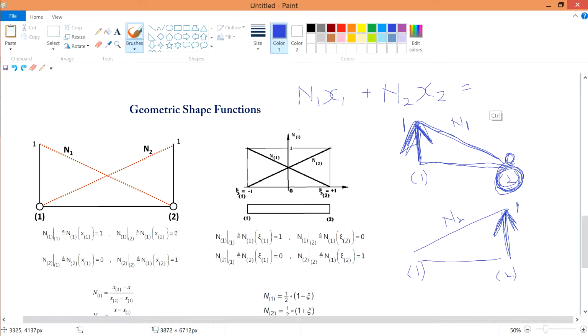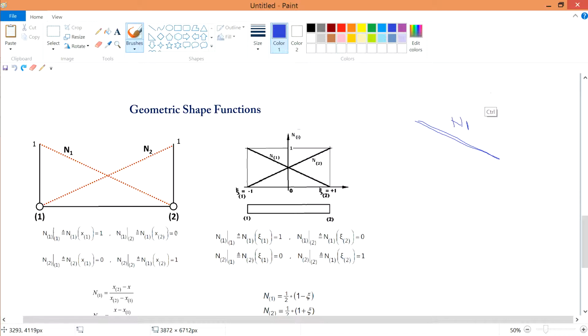So that's why I want to convey to you that this is something pretty intuitive. You may need to understand. And I may be wrong over here, because I feel that something is wrong. I copied in the notes that N1 plus N2 is equal to 1. That's what he said. And if N2 is 0, then N1 is equal to 1. If N1 is equal to 0, N2 is equal to 1.